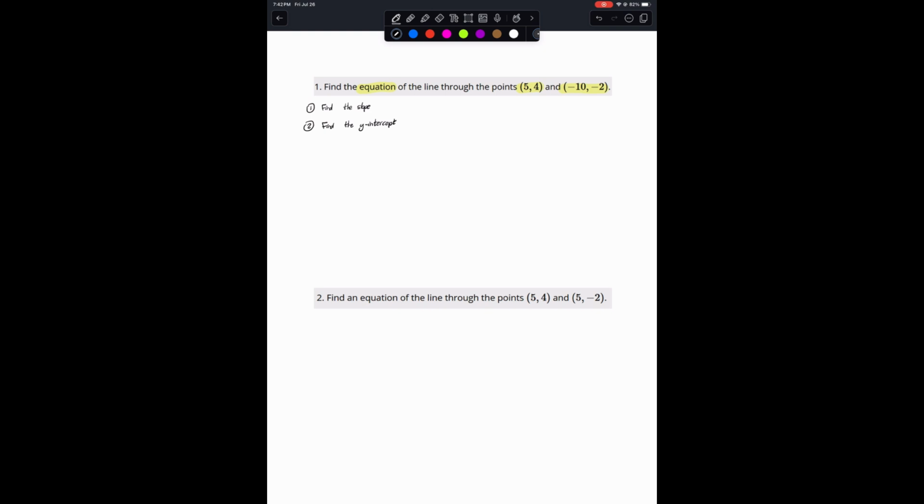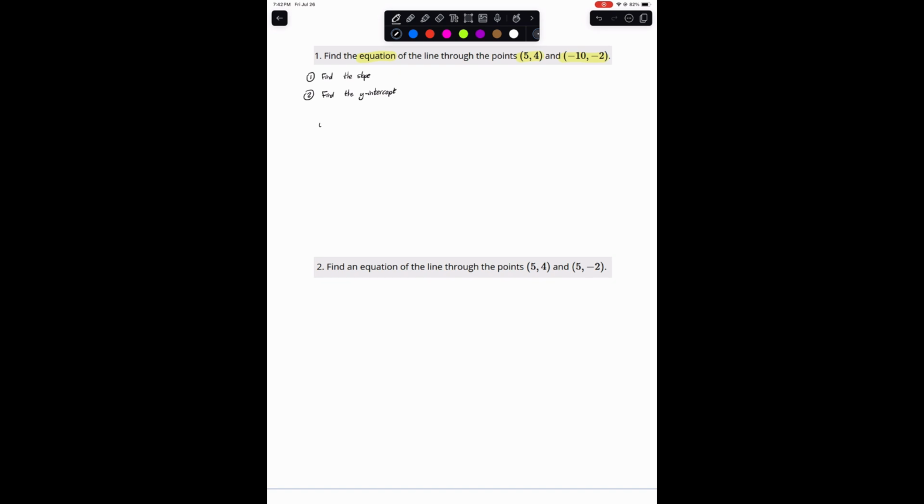Recall that the general form of a linear equation is y equals mx plus b, where m is your slope and b is your y-intercept. Neither of our points has an x equals 0, which means we will have to solve for the y-intercept. We cannot just plug it in.